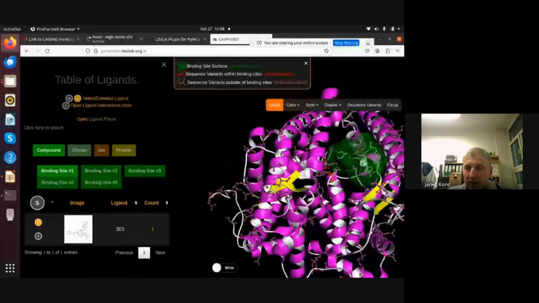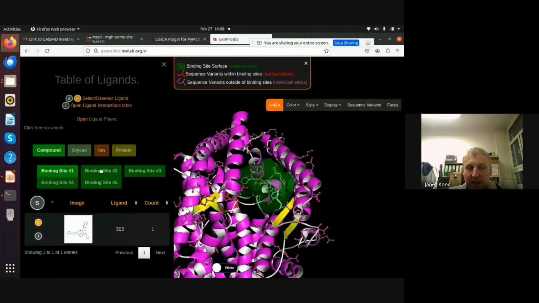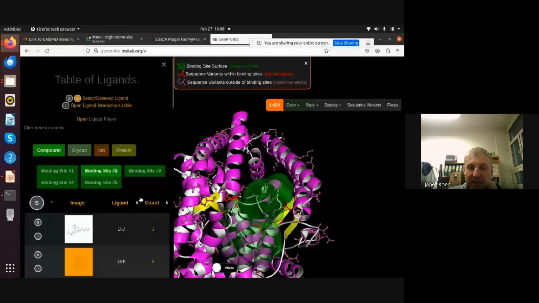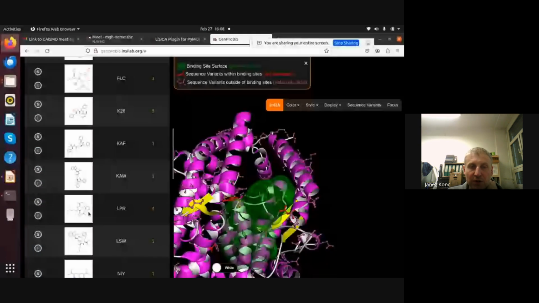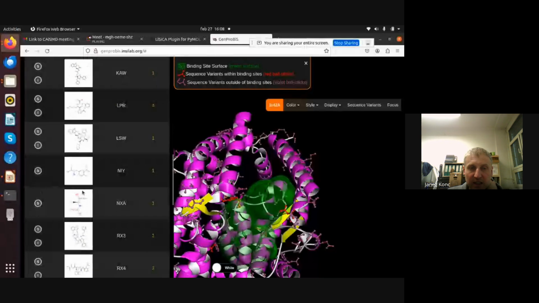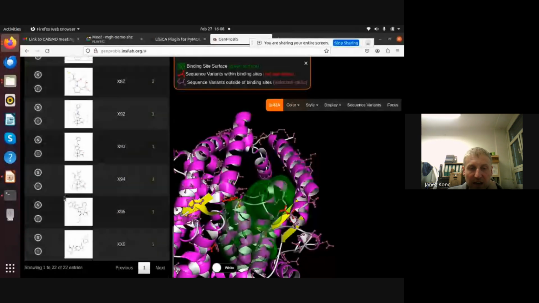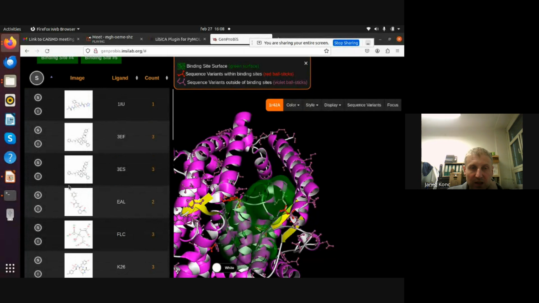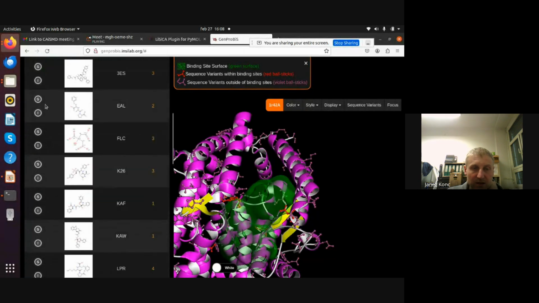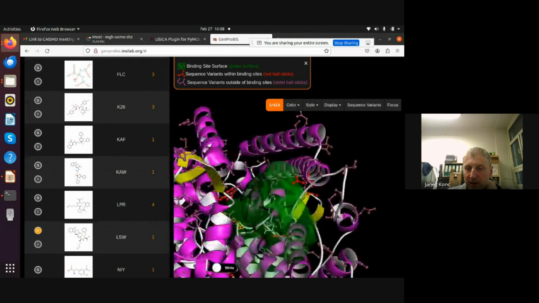So very easily we can just see which ligand binds to which binding site, and we can go to this binding site number 2, and we can go through all these different ligands, and I know already which ligands these are, these are ligand codes, and we're going to just turn on some ligand that resembles one drug, for example.